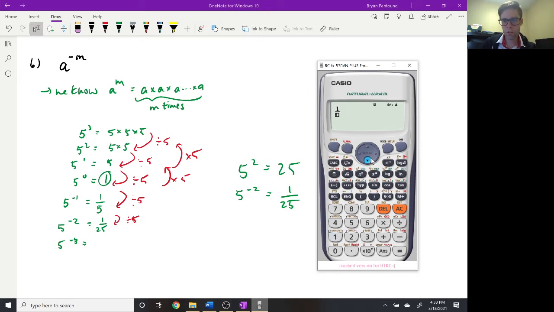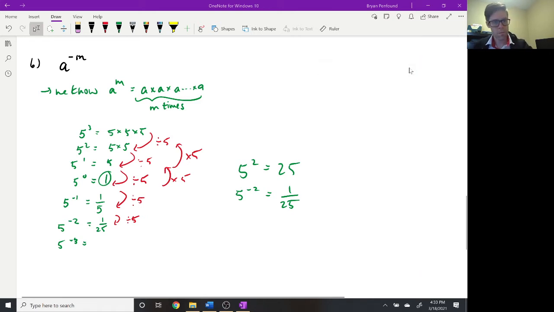Let's take our 1/25, which is 5 to the minus 2, and let's divide by 5. Interesting. So instead of having the 25 or the 125 in the numerator, as a whole number, we're getting the 25s and the 125s as part of the denominator.